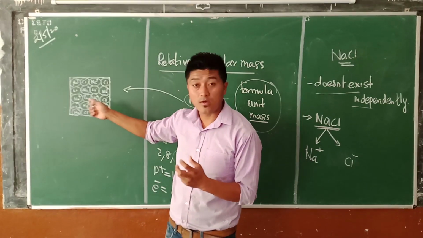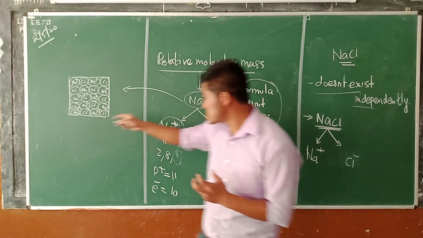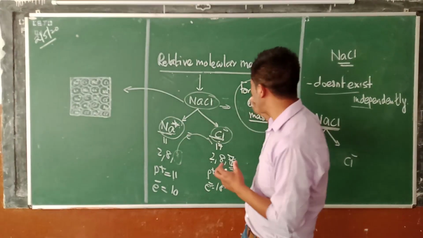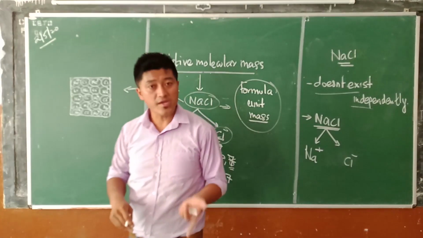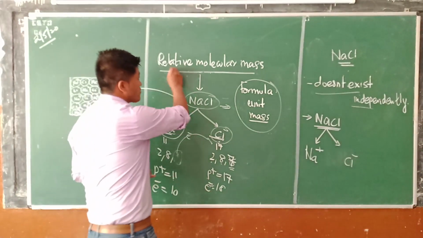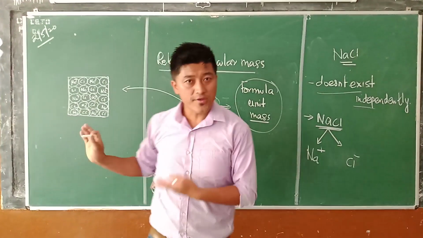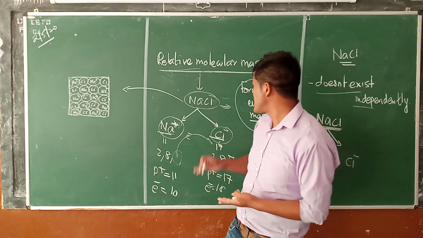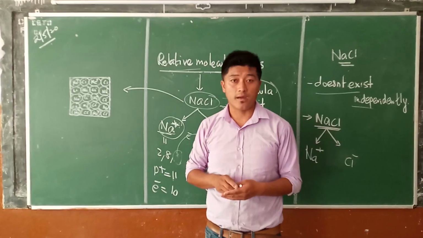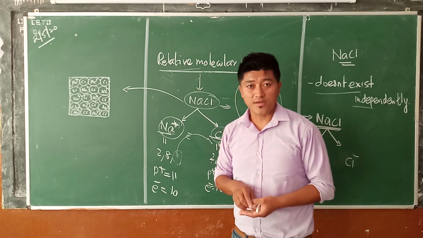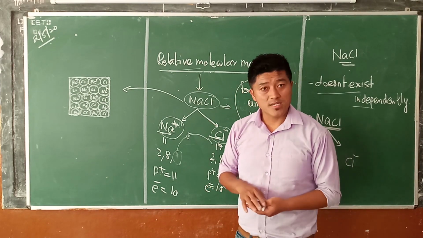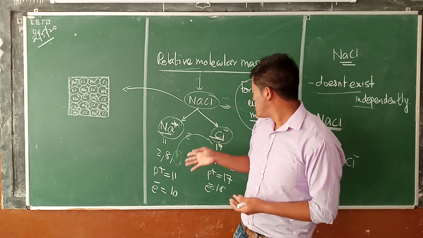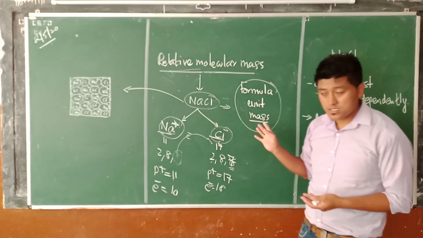This kind of compound is what we call an ionic compound, and generally formula unit mass is used for ionic compounds. We never use relative molecular mass on ionic compounds. That is the biggest difference between relative molecular mass and formula unit mass. Is that clear? So I hope you all have a clear understanding regarding the atomic mass, relative molecular mass, and the formula unit mass. Is that clear?